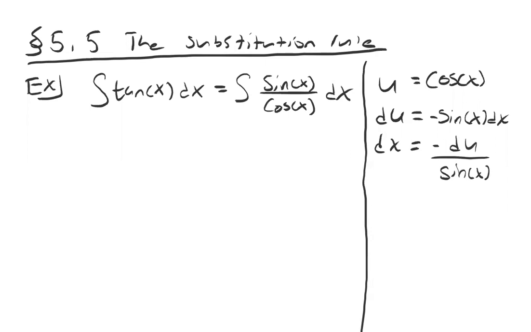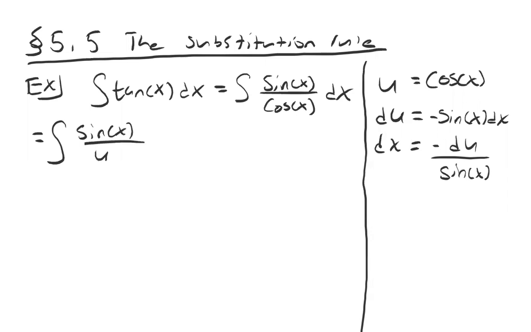All right, now that I've gotten all that, you can see for my du, I have a sine of x dx over here. So that looks good. If I plug this all in, I'm going to get the integral. Sine of x I leave alone.